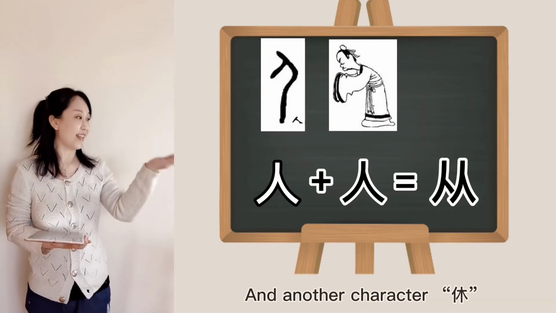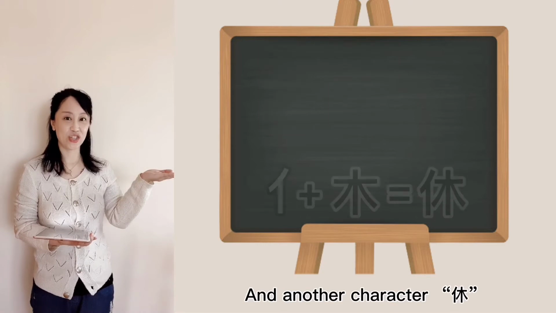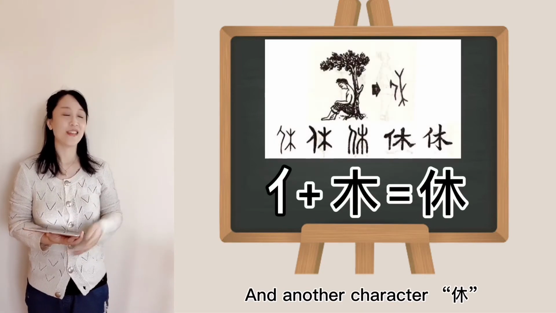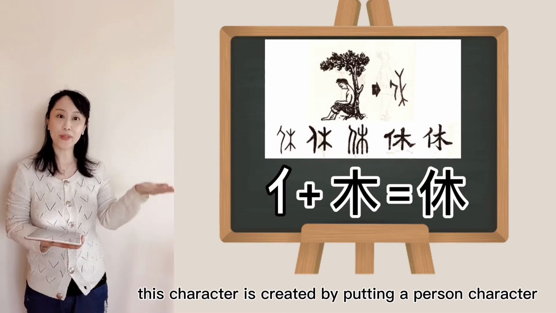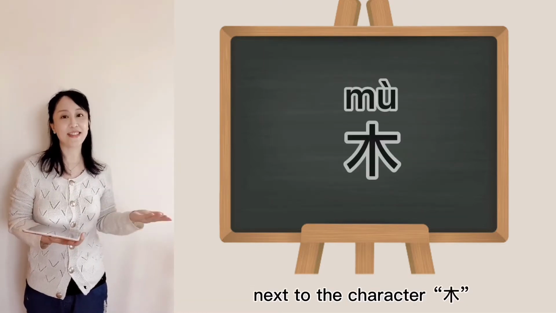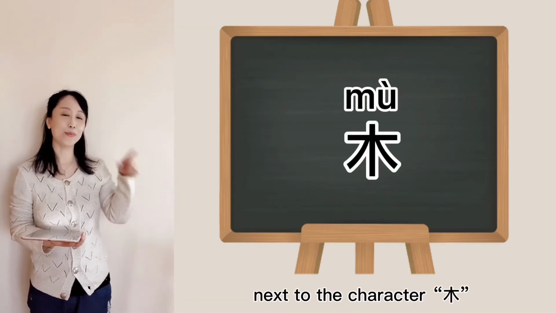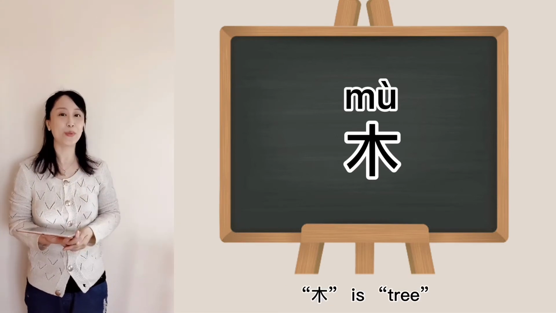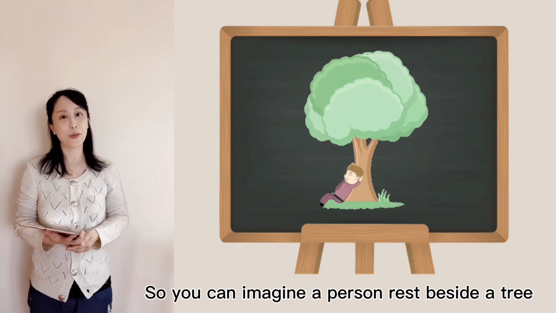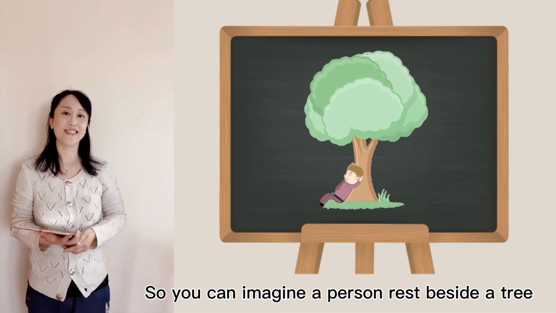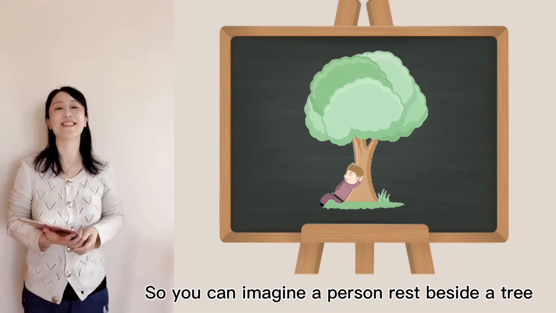And another character, 修. This character is created by putting a person character next to the 木. You know 木? 木 is the tree. So you can imagine a person resting beside a tree.